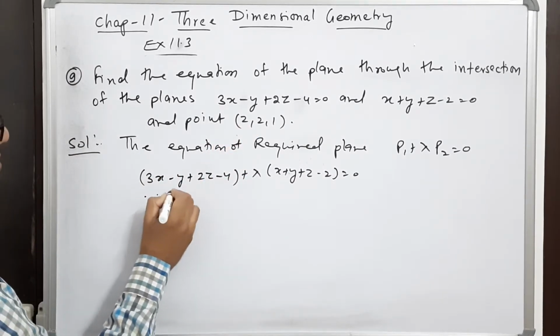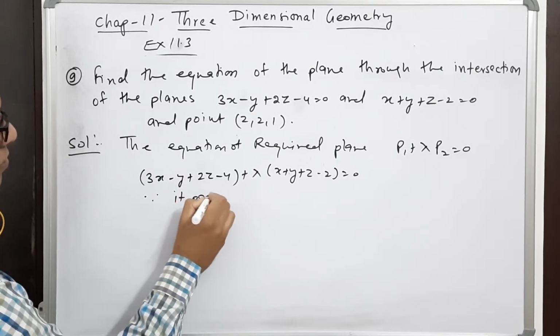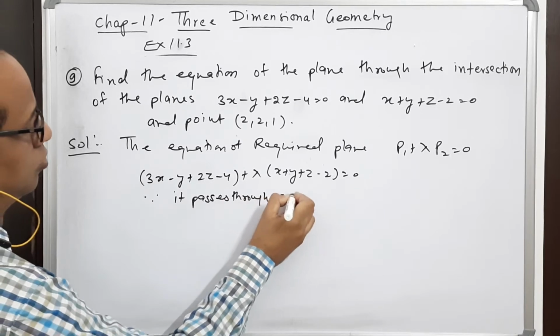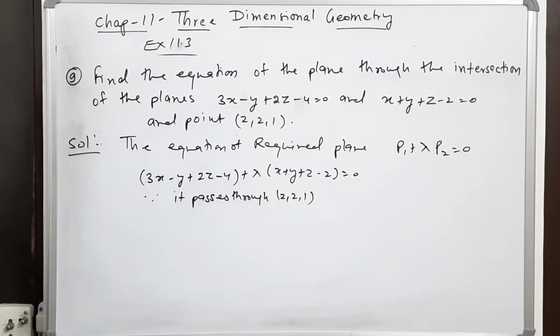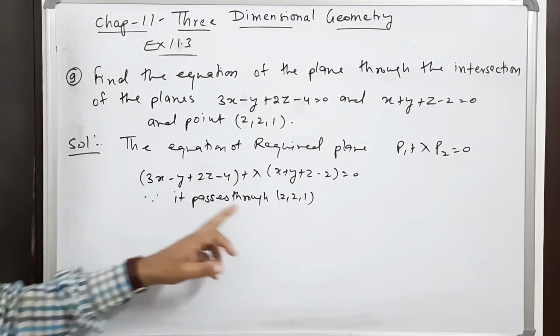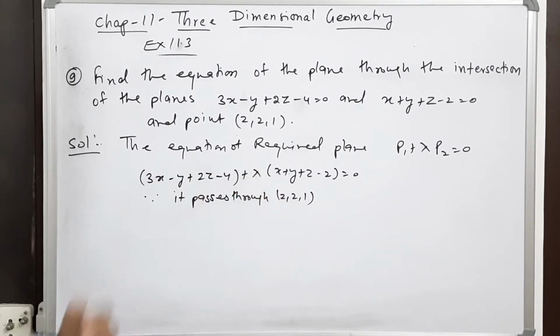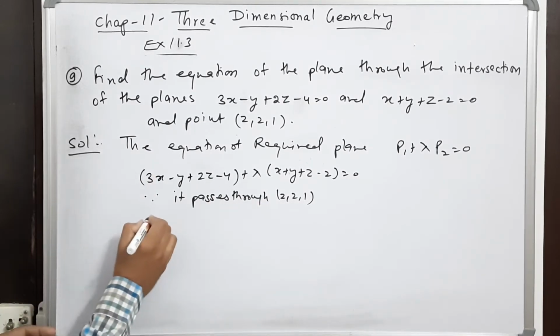Because it passes through (2, 2, 1), it will satisfy the equation, and that will help us find the value of lambda. So you put 2 here.